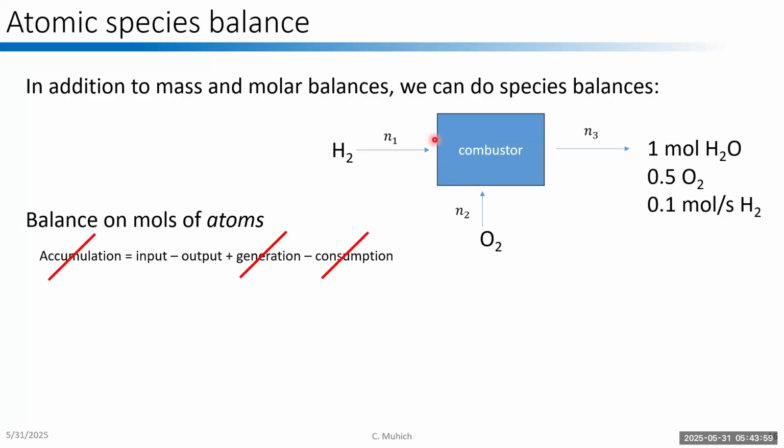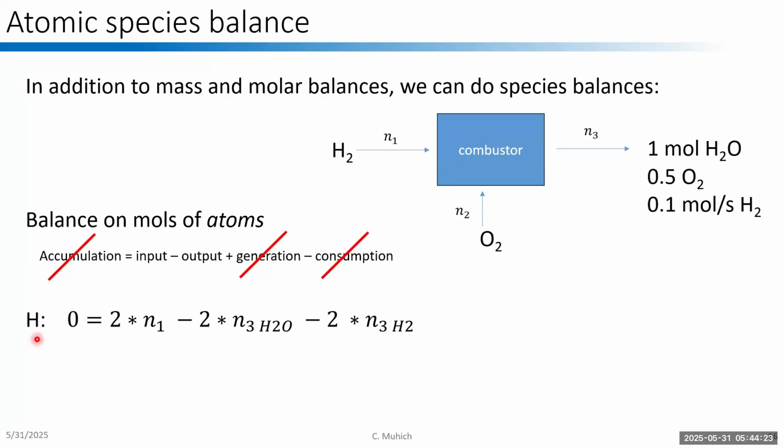In a continuous steady state reactor, once again, no accumulation. And if we're thinking not in terms of molecular species, but rather on an element-wise basis, we should have no generation and no consumption because we're not dealing with nuclear reactions.